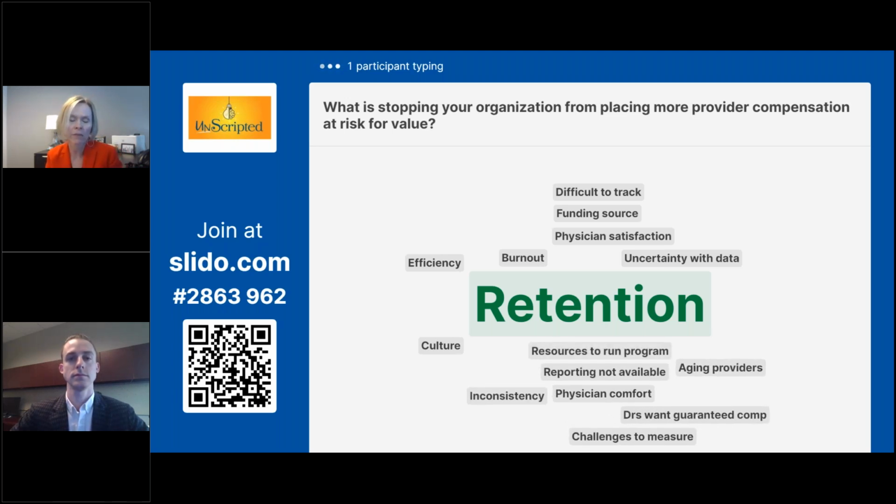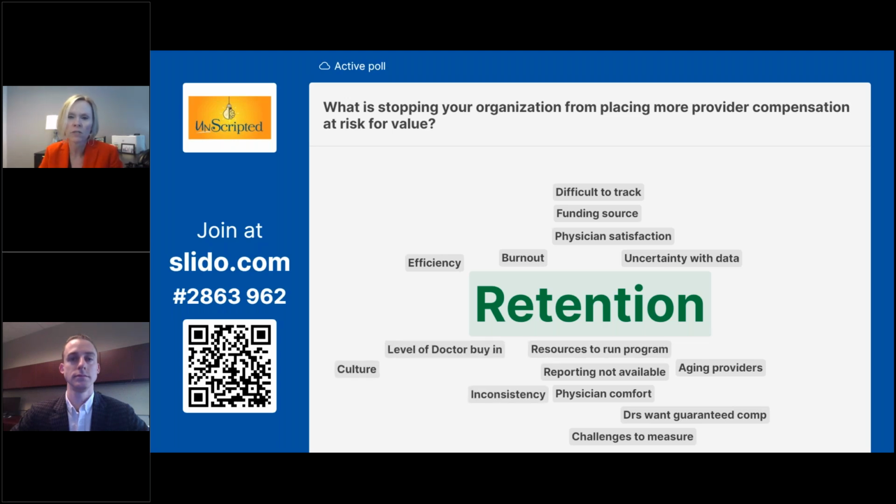And I'm guessing that's because of the fear that compensation will decline if more is at risk for value-based incentives, and the recruiting environment and the supply and demand environment is such that you have to be able to keep your physicians and keep them from going someplace else where they are paid more on a productivity basis instead of on that value-based system.